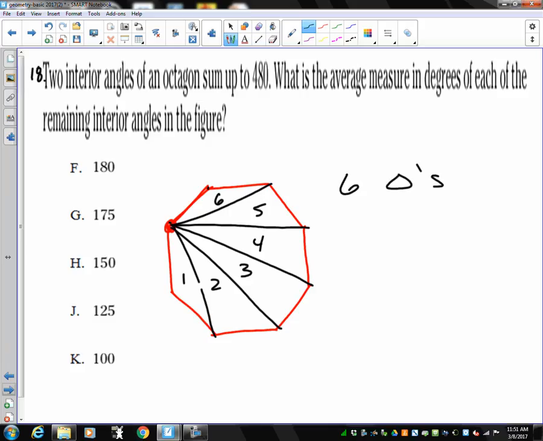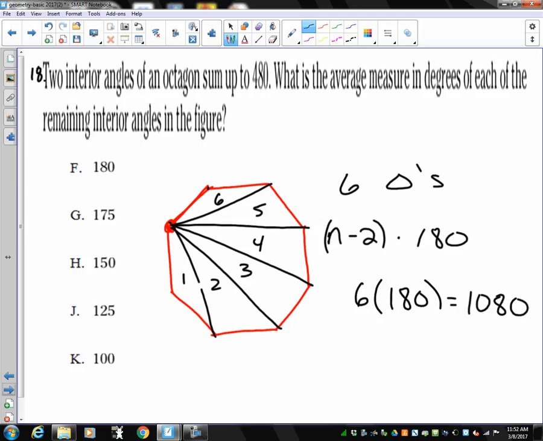Or you could use the formula n minus 2, times 180, because each triangle has 180 degrees. An octagon has 8 sides, so 8 minus 2 is 6. So you get 6 times 180, which is 1080.